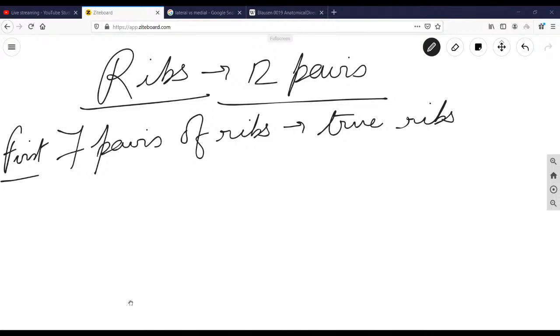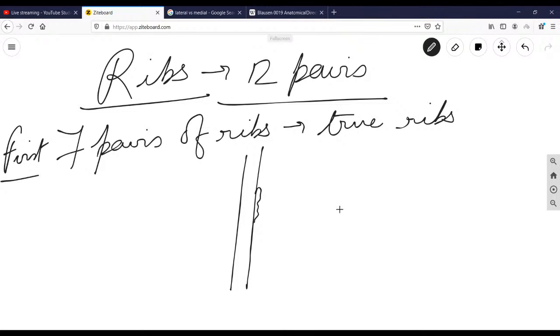Also, they are attached to the vertebrae. So they are attached to both. This is the rib, and this will be the costal cartilage, you can think of.